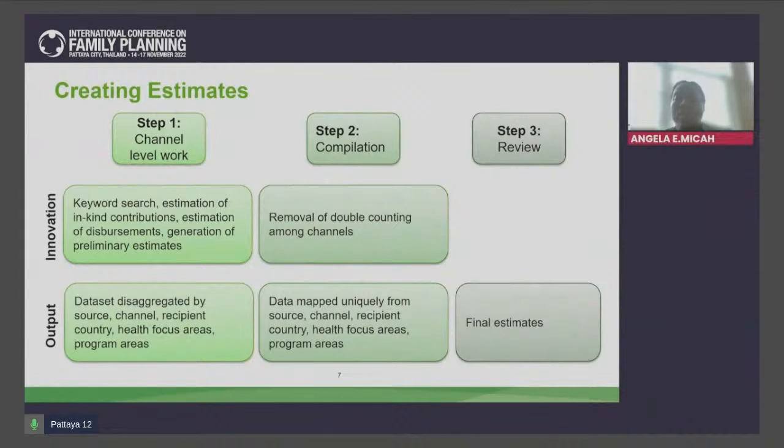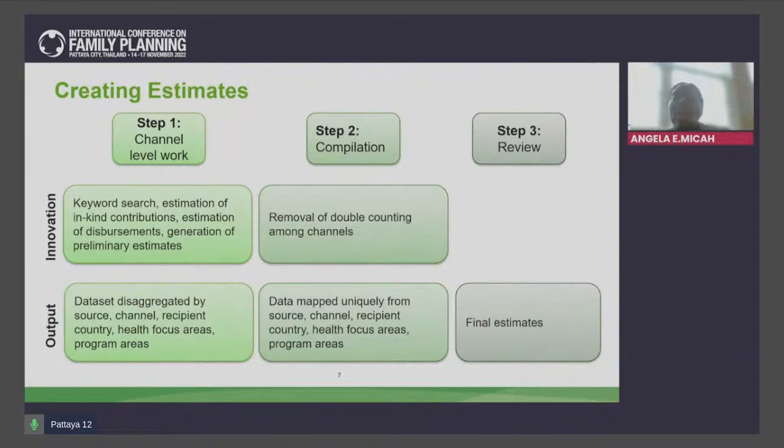Let's say the US gave some money to the Global Fund that the Global Fund also gave to UNFPA for a project. We want to ideally track the resource flow as if it happened from the US to UNFPA, because it's the same resources that were just moved twice, through the Global Fund and to UNFPA.